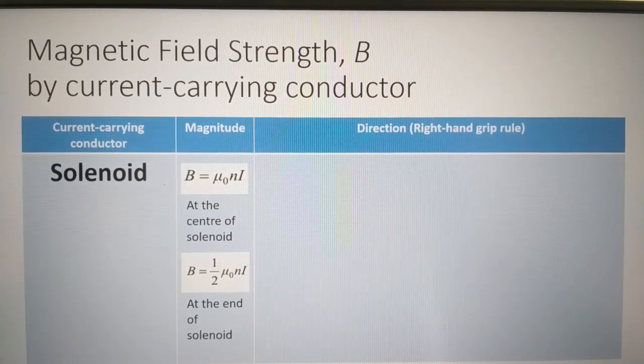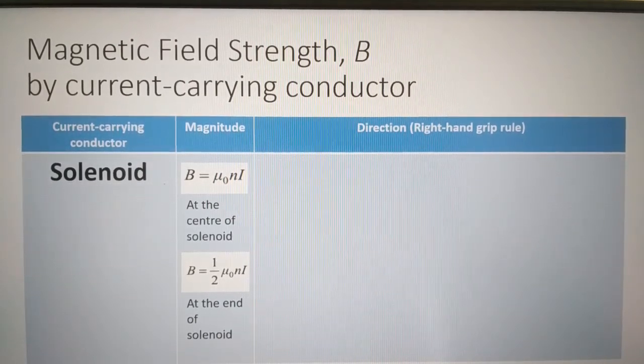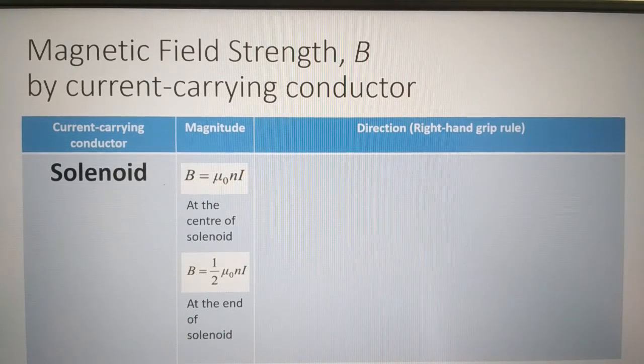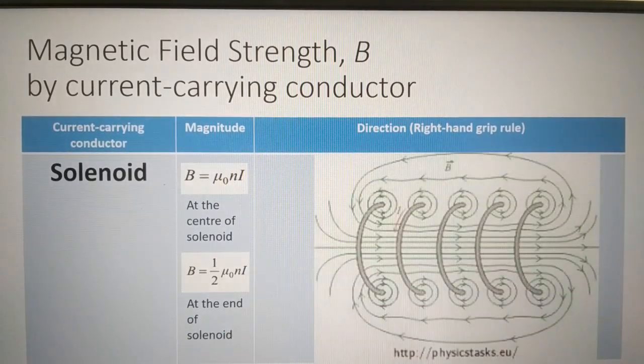Now, the direction of the magnetic field strength produced by a solenoid. Same thing: use your right hand grip rule to determine the direction. Here's an example. This is a solenoid with 1, 2, 3, 4, 5 turns. Can you see the direction of the current flow inside the solenoid? Can you see this red arrow here?